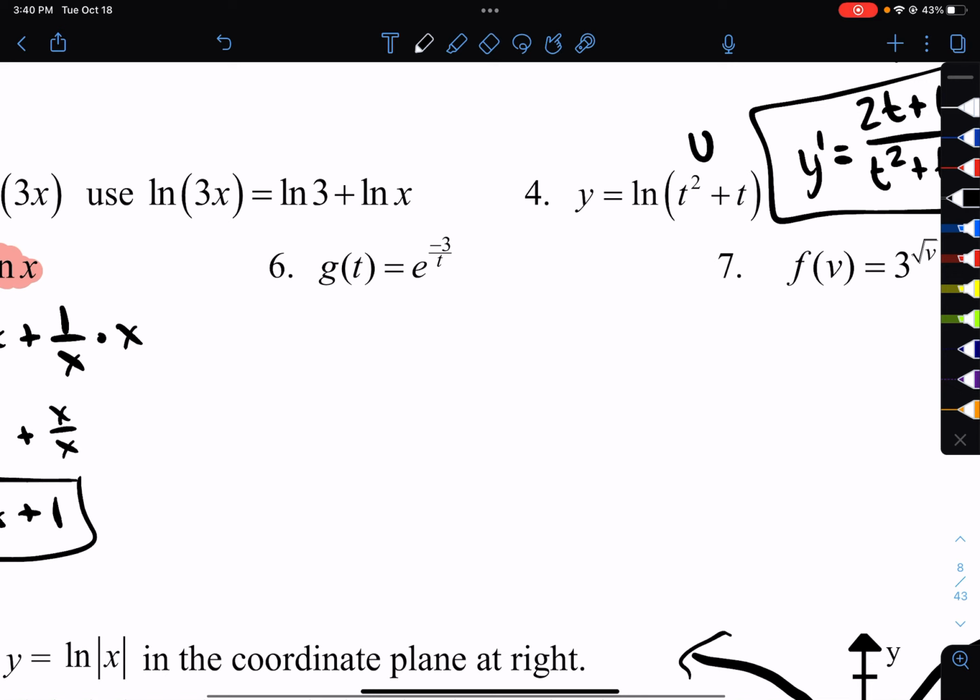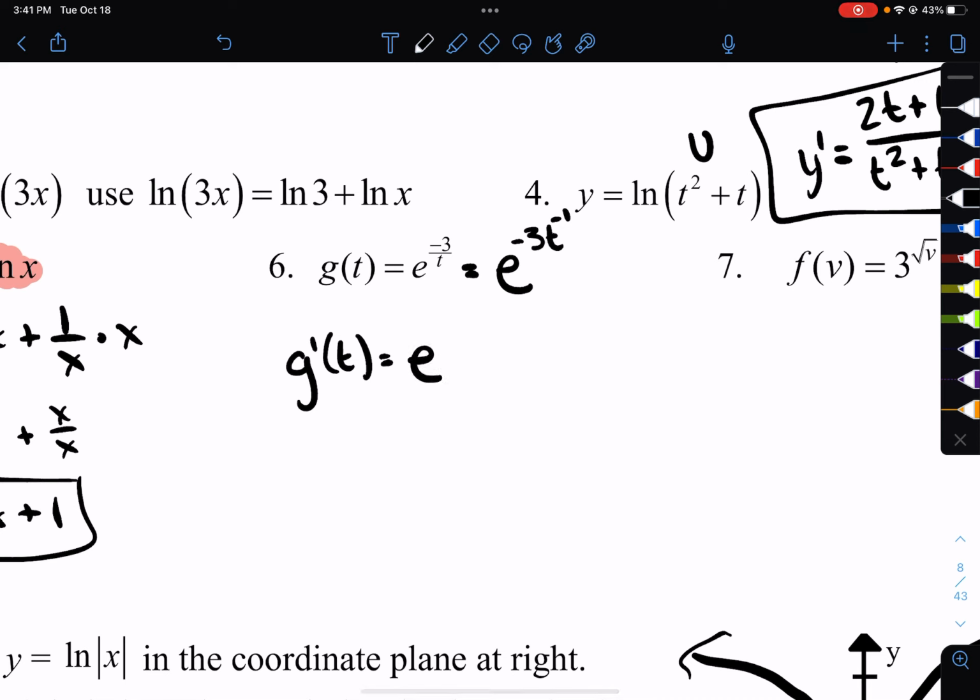Number 6, g of t equals e raised to the negative 3 over t. All right, I'm going to rewrite this as e raised to the negative 3 t to the negative 1 because I don't like that quotient up in the exponent. So I'm just going to rewrite it and move the t up to the top and make it a negative 1. So the derivative of this, g prime of t, the formula told me to keep everything the same, right?